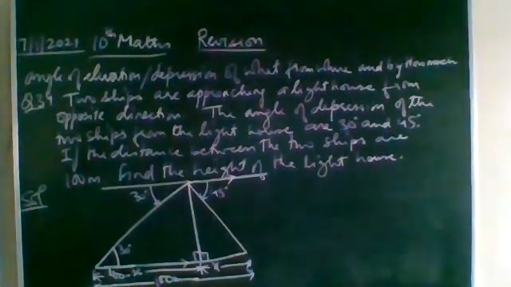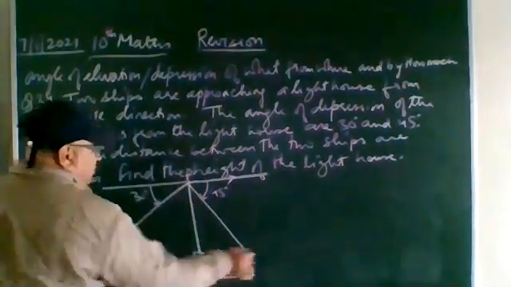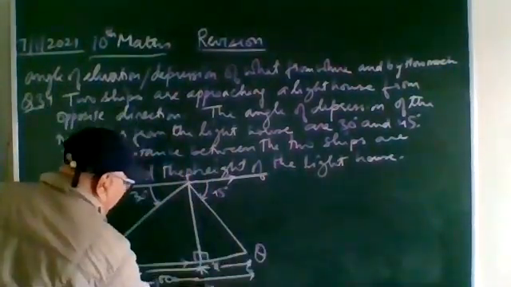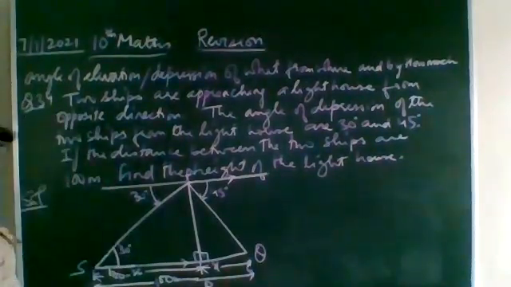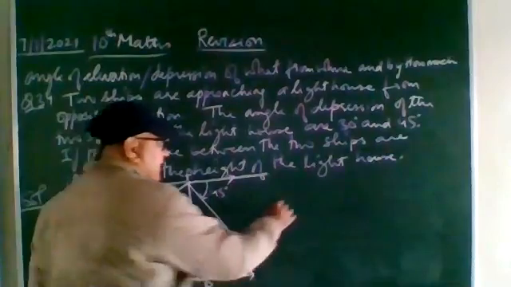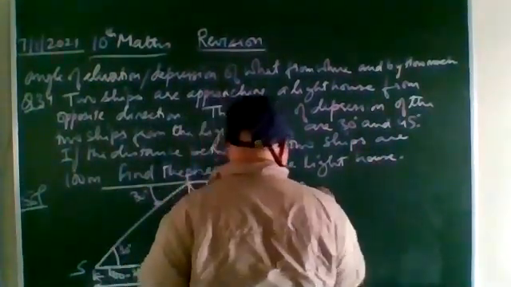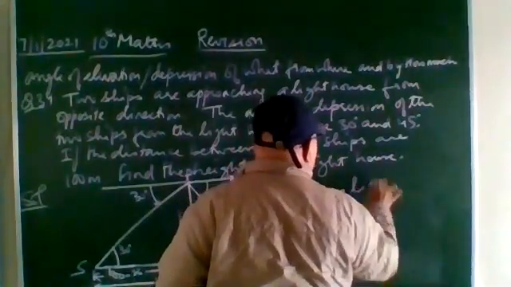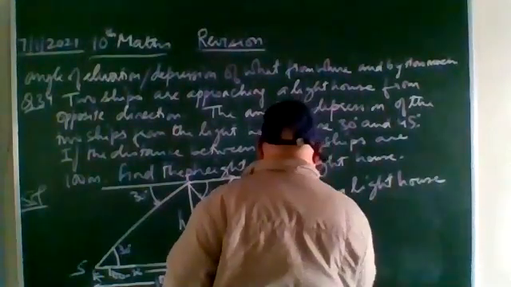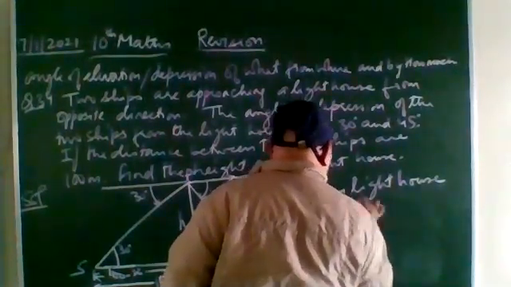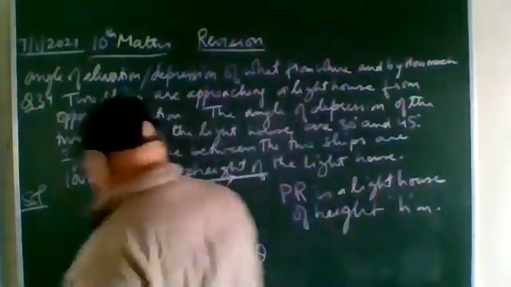After this, you can give the name P, Q, R, S. So you can write here PR is a lighthouse of height H meter.